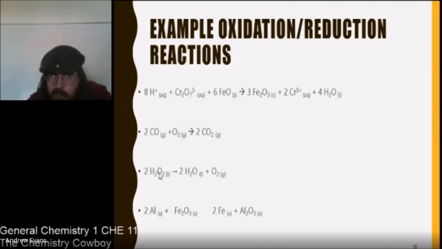Hydrogen peroxide decomposes into water and O2. You're forming a pure element from a compound. So this one is clearly a redox reaction. And of course, the thermite reaction, which is often used and abused here. A single displacement. So we can have all manners of reactions going on here.